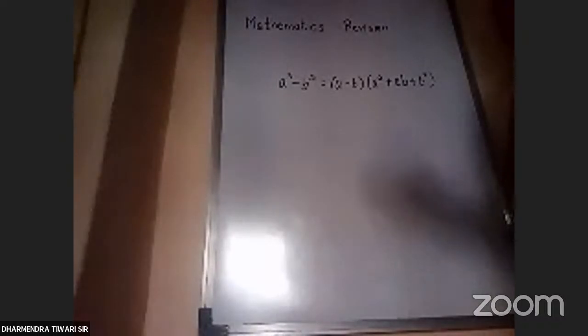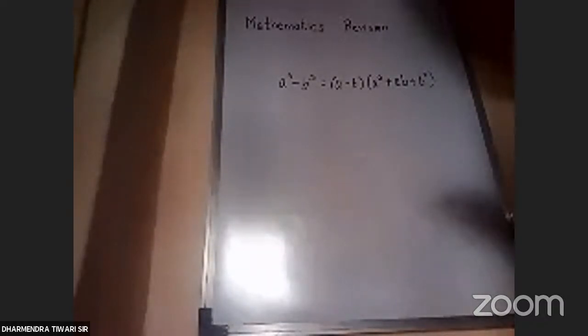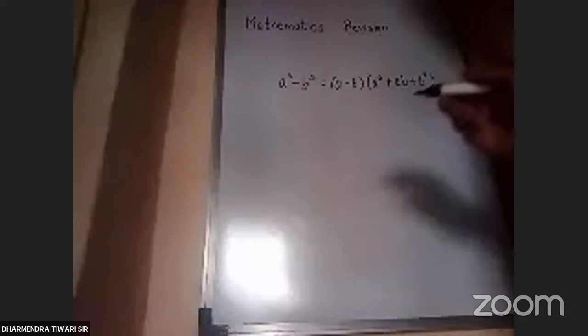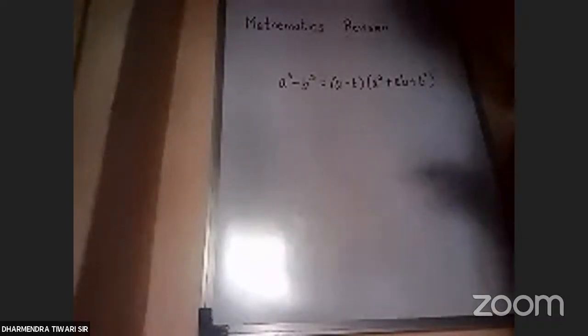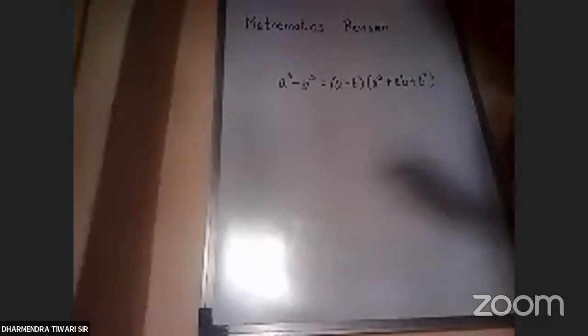So this was the formula. I have asked you to derive this. I have done half part of it and hope you all have completed and derived the formula. So let's start with problems based on it.